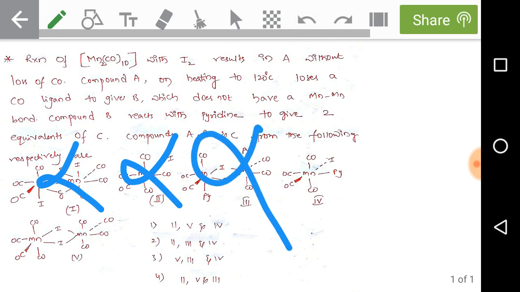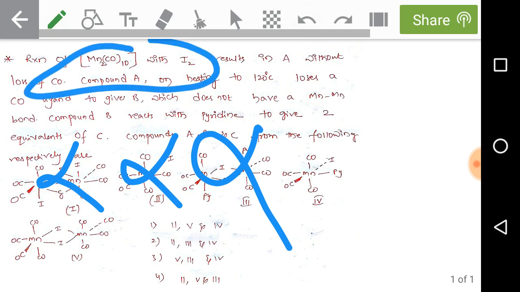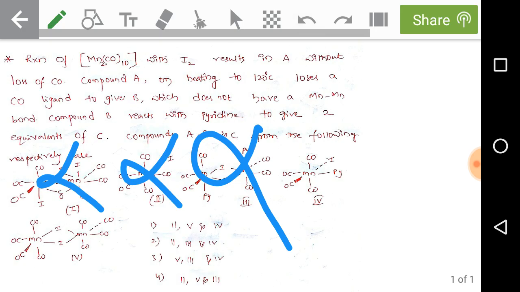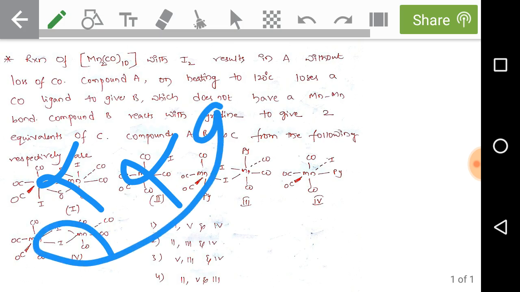We have a clue that there is no manganese-manganese bond. The fourth one also has pyridine, which is not possible because there is no pyridine ligand in the initial reaction of the manganese dimer carbonyl. That's why B must be the fifth one.